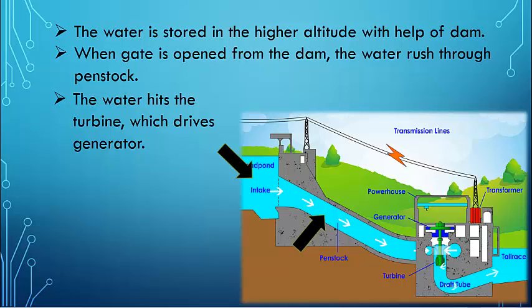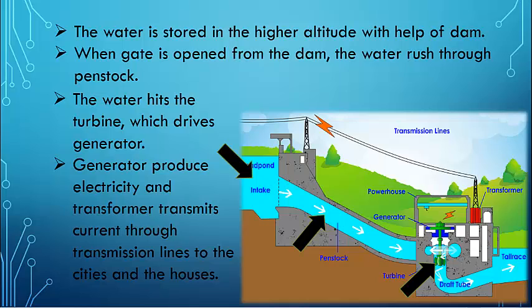Water hits the turbine which drives the generator. Look at that black arrow, that's called the turbine, and this turbine is connected to the generator. When the water hits the turbine, it starts rotating, which in turn drives the generator. The generator produces electricity, and the transformer transmits the current through the transmission lines to the cities and the houses.